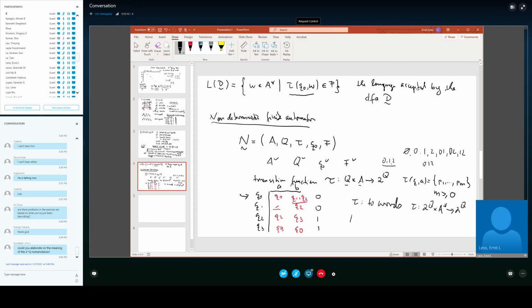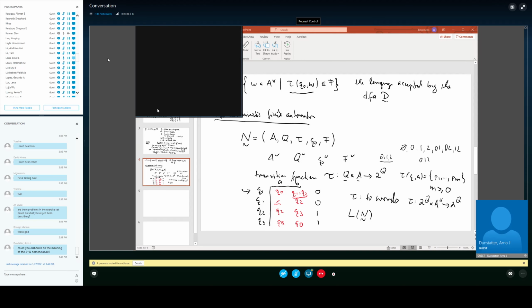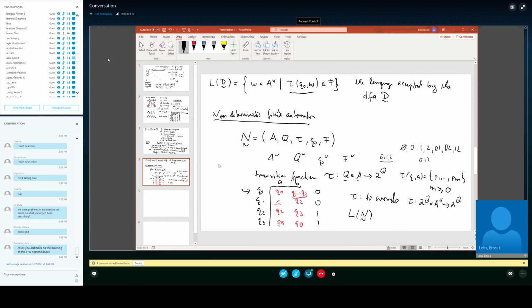And then we have to define L of N. And then, once we have done that, which will take a little bit, we're not going to do that today, then we have to ask a fundamental question: do we gain anything if we let these transition functions be non-deterministic?